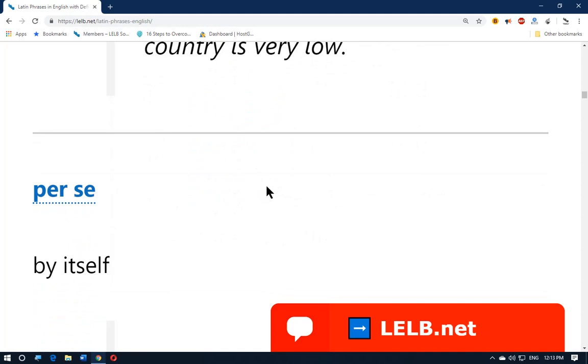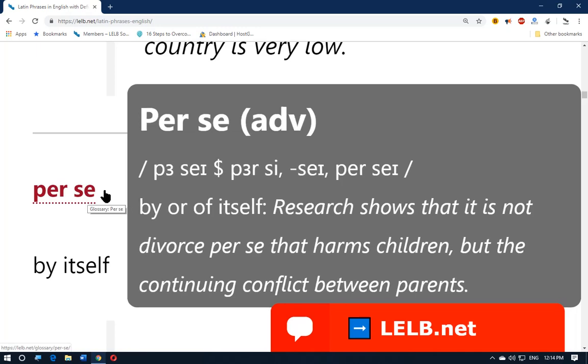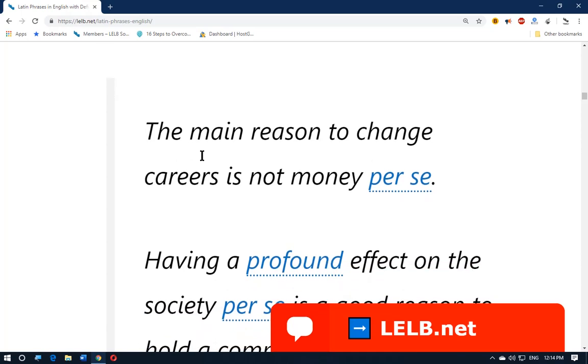Per se means by or of itself. By itself. The main reason to change careers is not money per se.